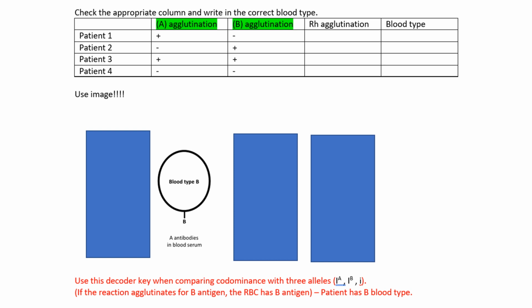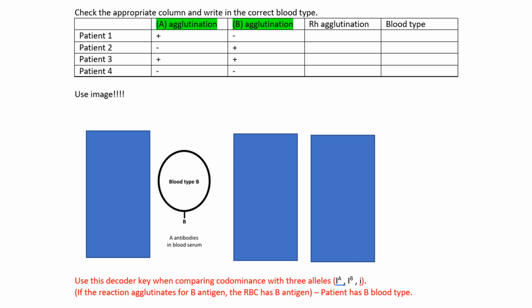Here's the second one. This is for patient 2. You did the same experiment, but now for patient 2, you had agglutination occur when you used the antibody B. That means, look at that last statement, if the reaction agglutinates for B antigen, the red blood cell has B antigen.